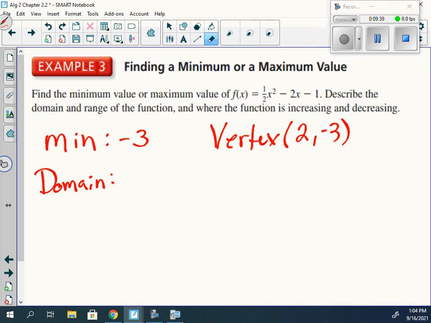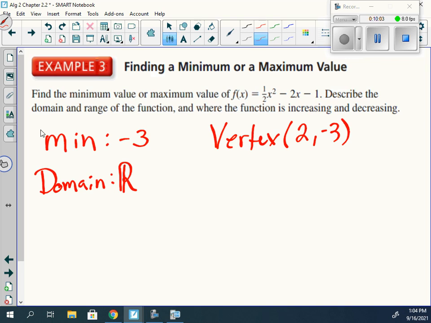We're going to draw that a little better. Well, what is that symbol for? All real numbers. Because again, when we looked at it earlier today, both of these functions, the domain is going to be all real numbers.